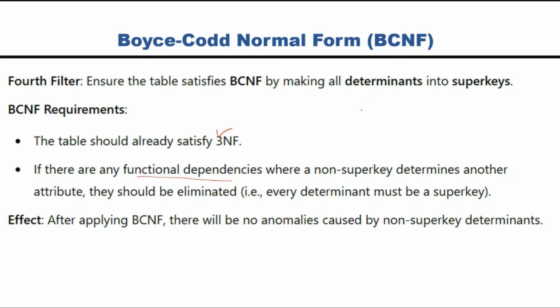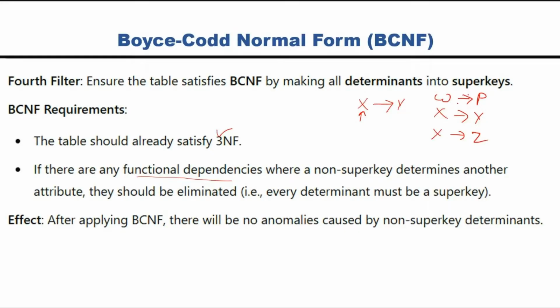And by the way, what is a determinant? If you have X determining Y, what attribute or set of attributes becomes the determinant? Obviously, X becomes the determinant. So if you have X determining Y and Y determining Z, or W determining P or any other attribute, all of these W, X, and Y are determinants because they are determining the attributes.